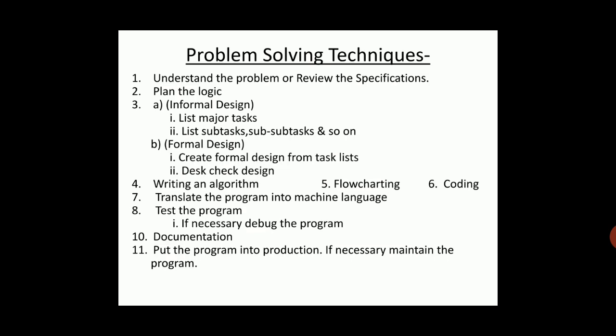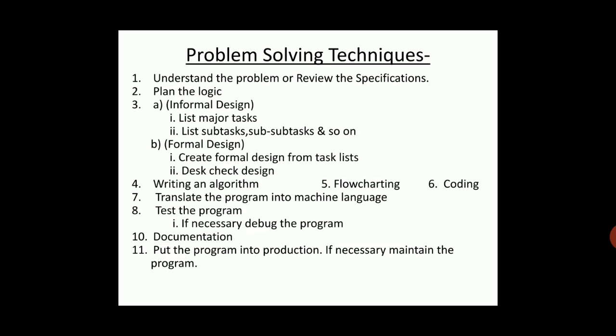In advanced programming, we are not writing machine language; we write in our own language, and using a compiler, it is converted into machine language. Then we test the program after writing it. If necessary, then we will debug.